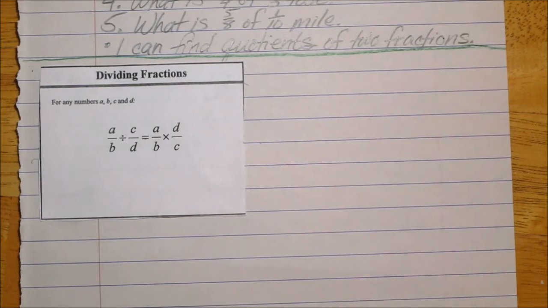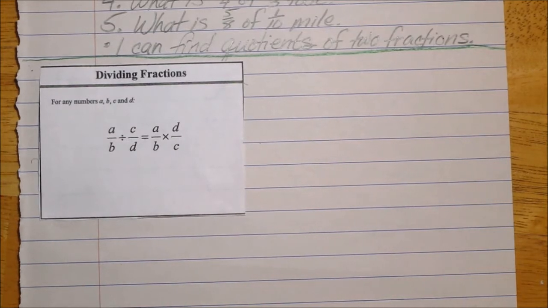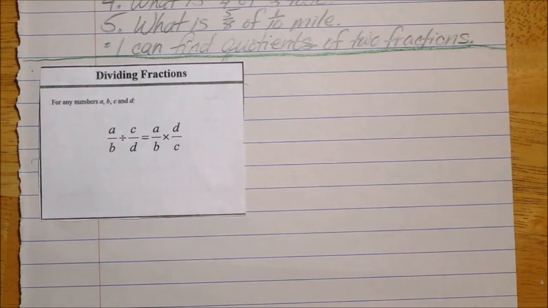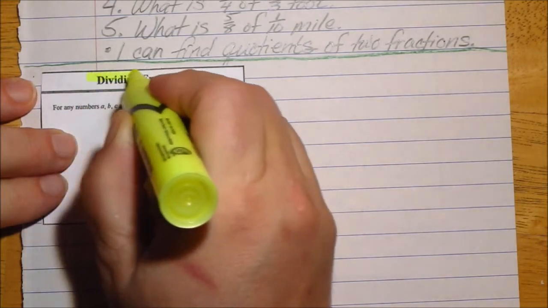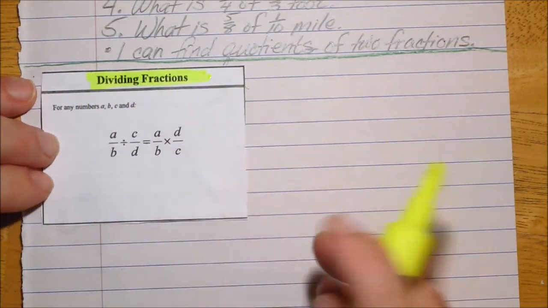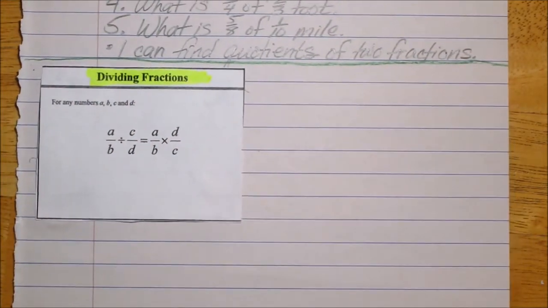Okay, so dividing fractions. We got our notes in there. Dividing fractions is pretty much the same thing as what we did yesterday with one new step added into it. I'm going to take my yellow highlighter and just highlight this so it stands out to me. These directions right here are showing me how to divide fractions.